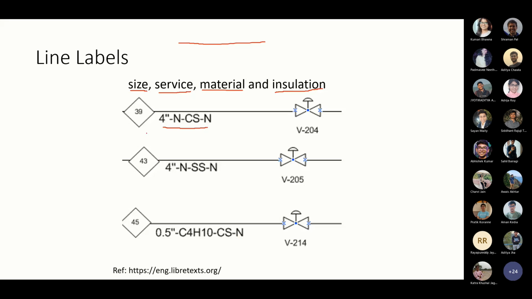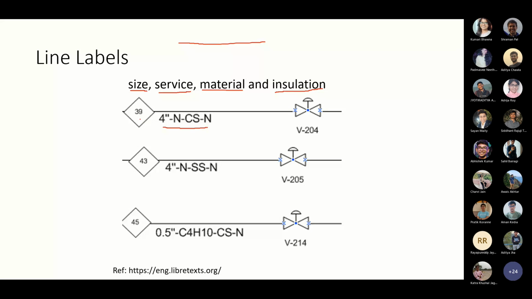Now, what are these square blocks, 39 and 43? This pipeline is coming from process 39. We can't put everything in one small A4 sheet or one small paper, right? So there will be multiple charts, because we are putting so much information that it's not possible to put in one chart.